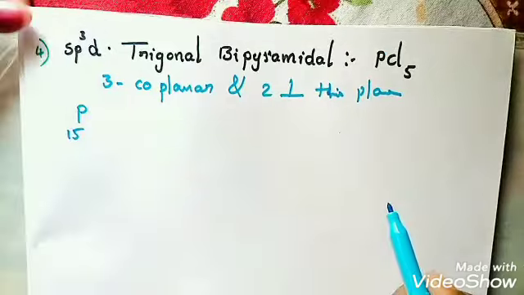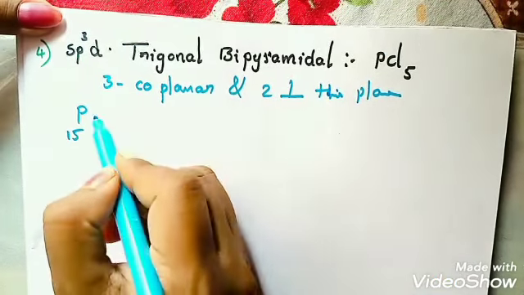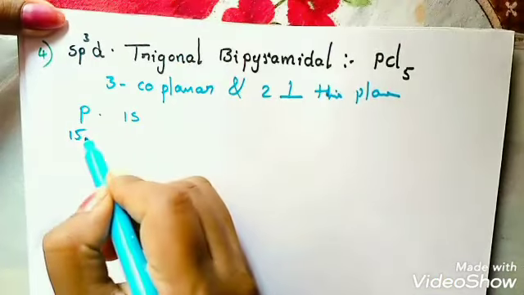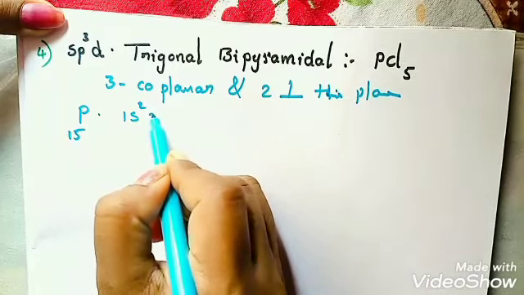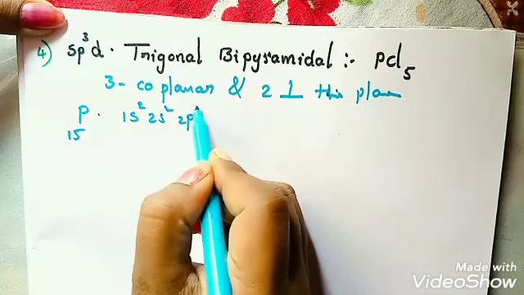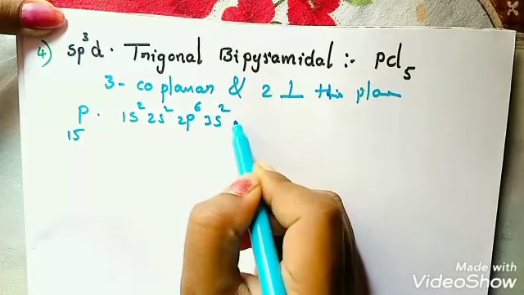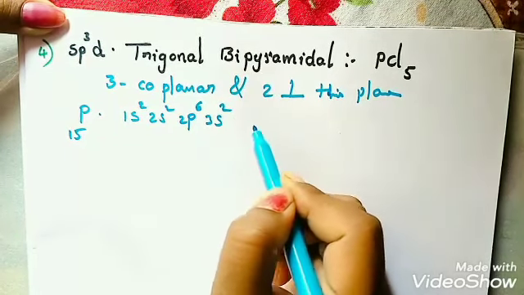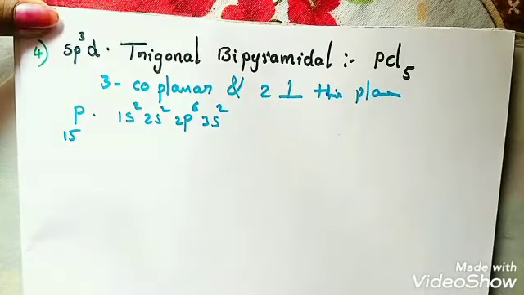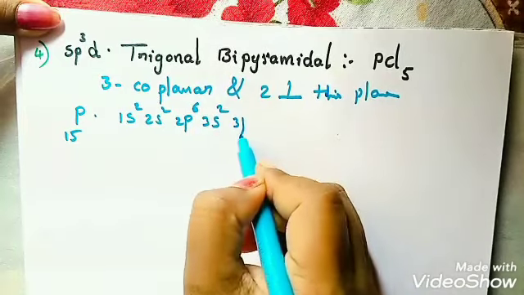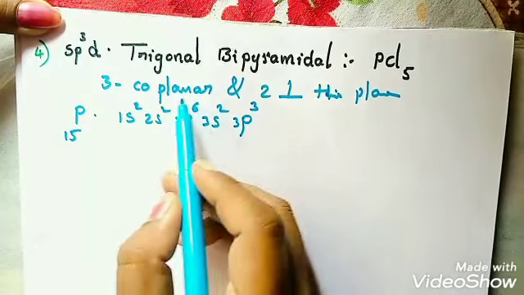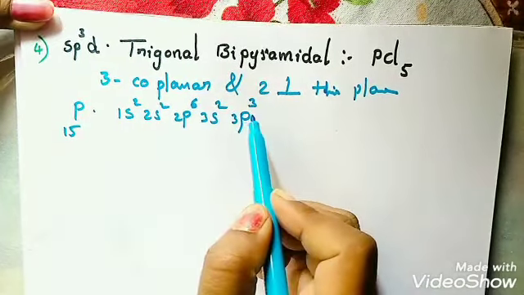The atomic number of phosphorus is 15. So students, if you write the electronic configuration, 1s2, 2s2, 2p6, 3s2, 3p3. If you count these numbers, you should get 15.